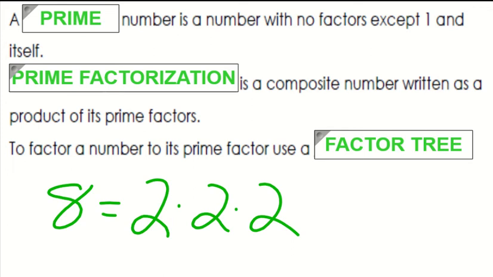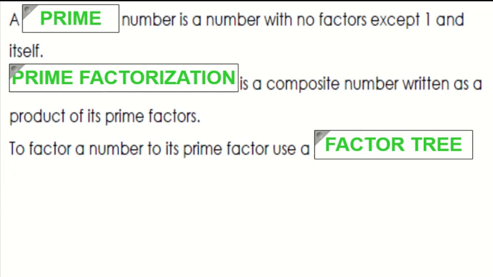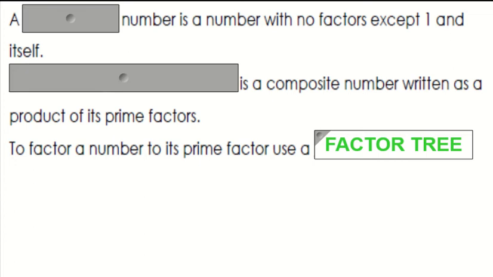It kind of looks a little bit like what you would see in a family tree. Hopefully, as your family tree moves down, it branches out farther and farther. Hopefully. So the factor tree ends up almost like a Christmas tree shape, like a little triangle as it gets wider at the base.